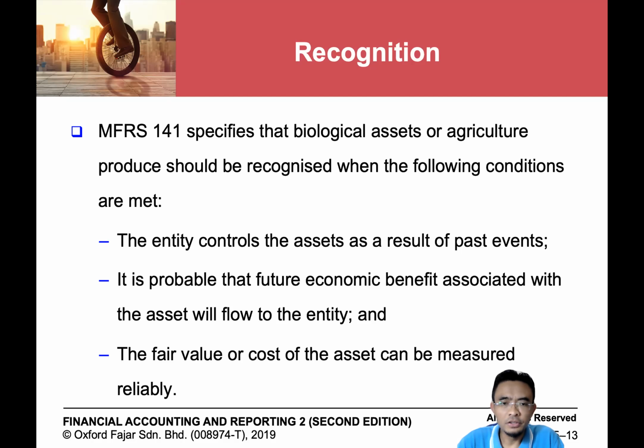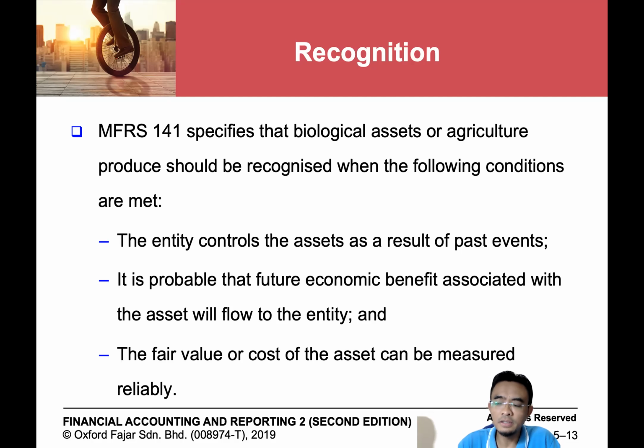In terms of recognition, MFRS 141 specifies that biological assets or agricultural produce should be recognized when the following conditions are met. The entity controls the asset as a result of past event. So same thing goes for other assets. If you look at the conditions, they are the same.